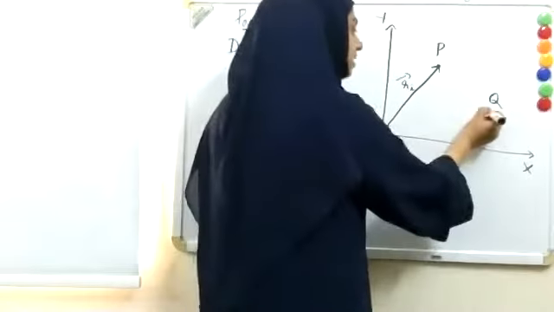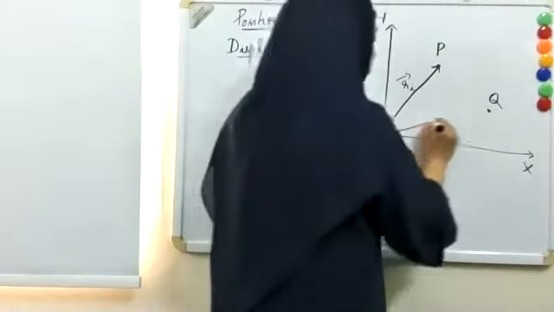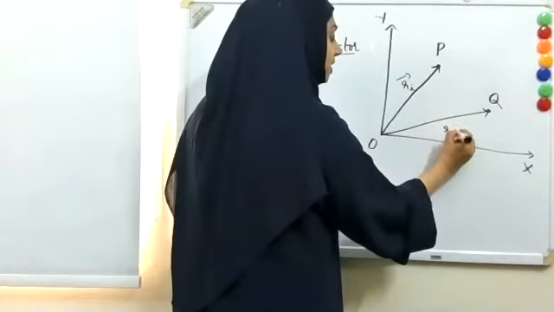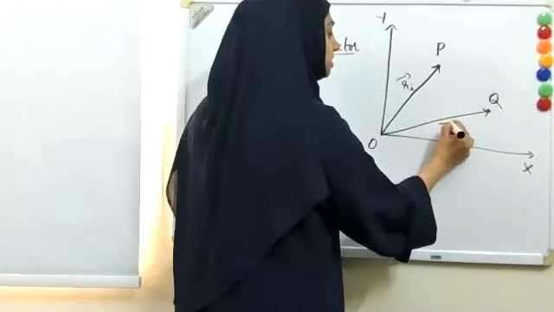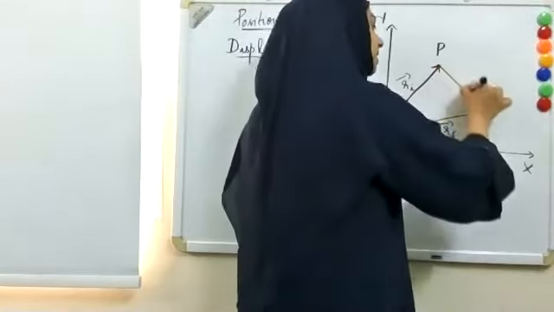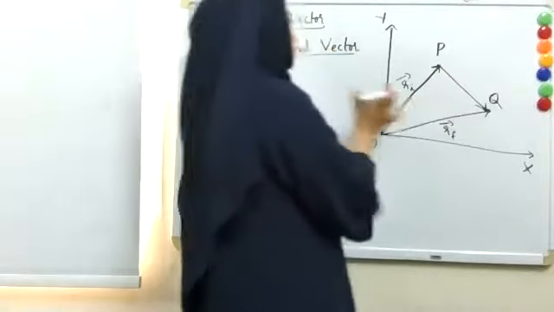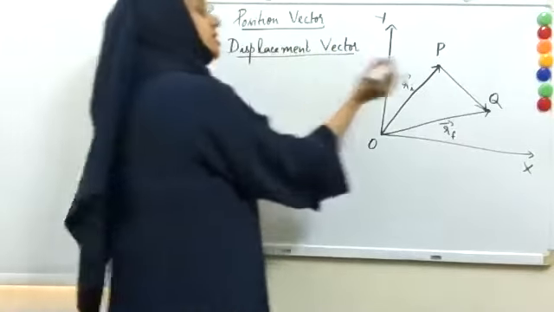Now, after some time, it moved to a point Q. So the final position of the particle is represented by R f. Now, while going from P to Q, this line represents the displacement vector.